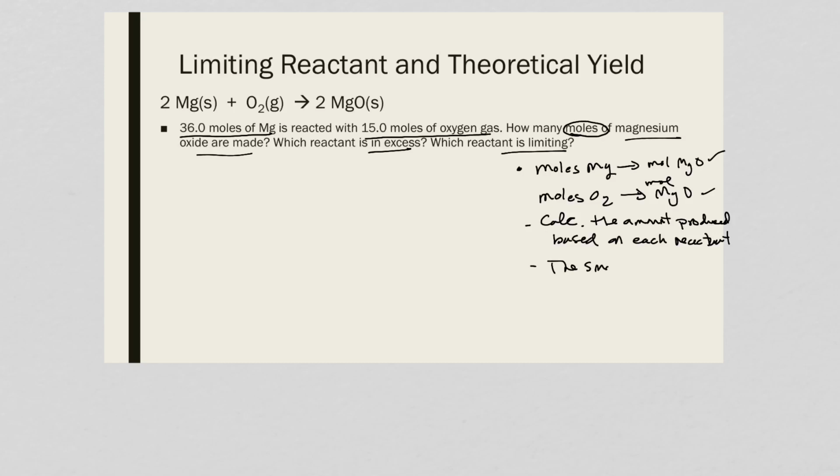The smallest yield is our theoretical yield and comes from the limiting reactant.